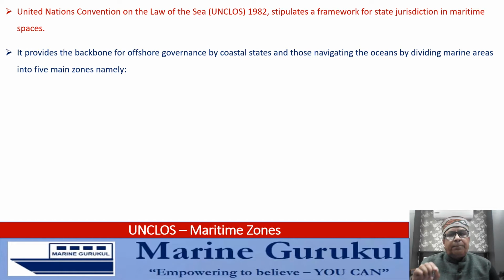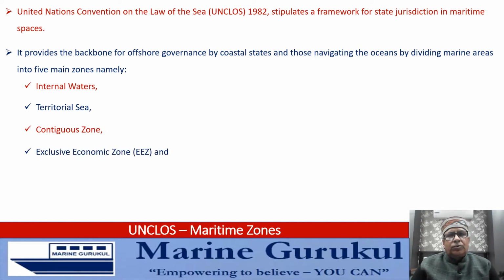UNCLOS provides a backbone for offshore governance, that is, governance of the seas by the coastal states and other stakeholders, including those navigating the oceans, by dividing these maritime areas into primarily five main zones, namely internal waters, territorial sea, contiguous zone, exclusive economic zone or EEZ, and the high seas.